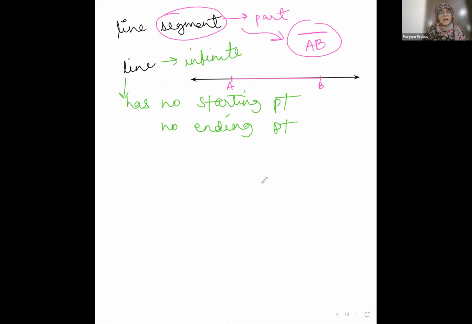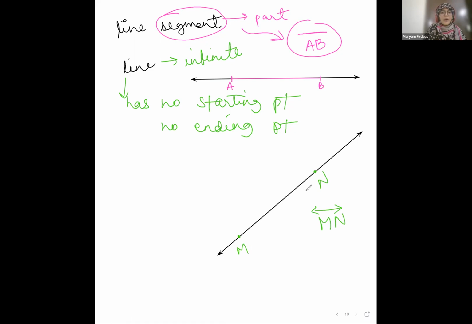And if you're talking about the line, then how do we identify a line? We identify a line by, because see, a line does not have a starting and ending point. So how will we identify it? We will say that I have a particular line and it is passing through 2 points, let's say M and N. Then I will call this line MN, and on top of that I will put these 2 arrows.